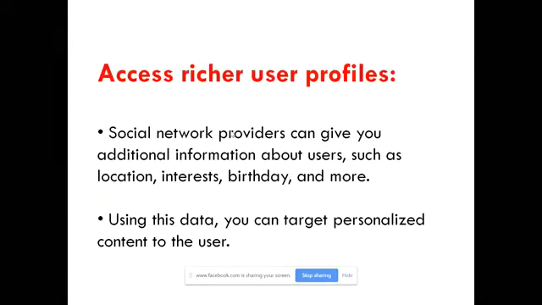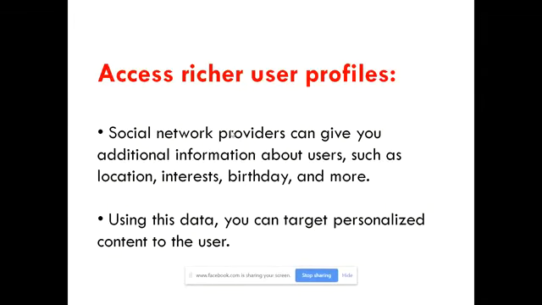The next thing is that if we log in with a Facebook or Google account, our account has all our profile details, right? It has information about our interests, our location, our birthday. So this can be used as extra information by the websites you log in to make the user view more enhanced.